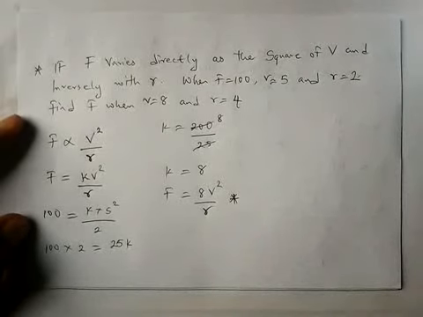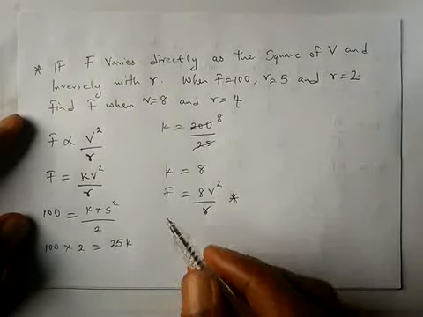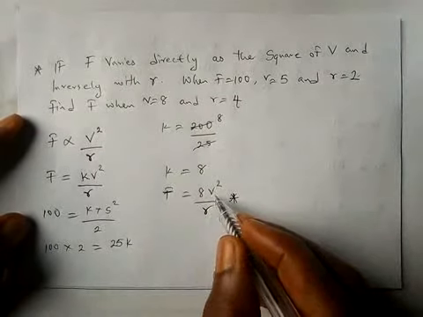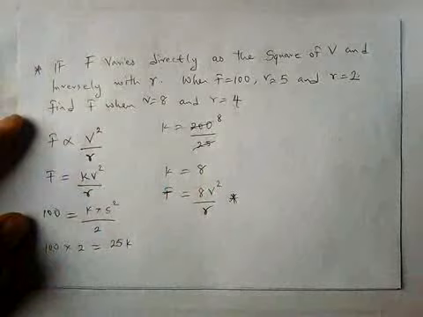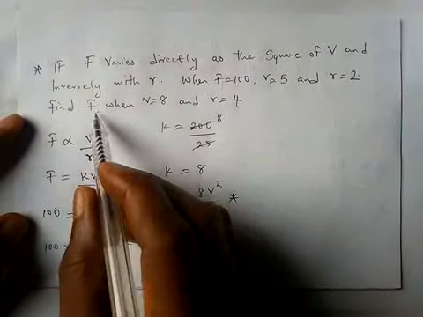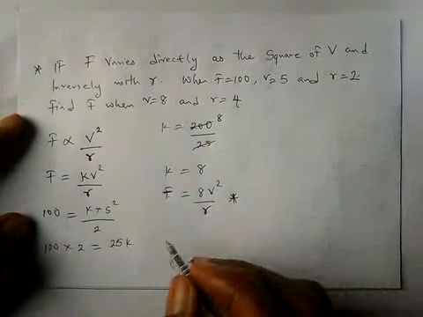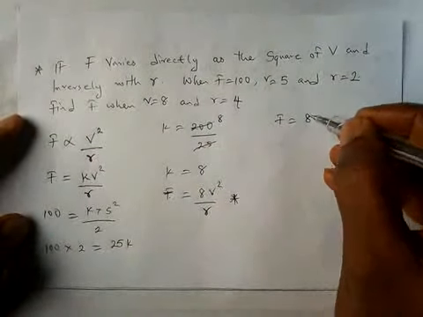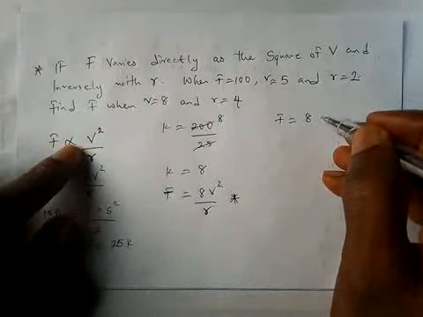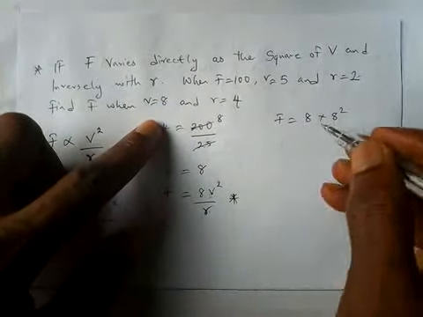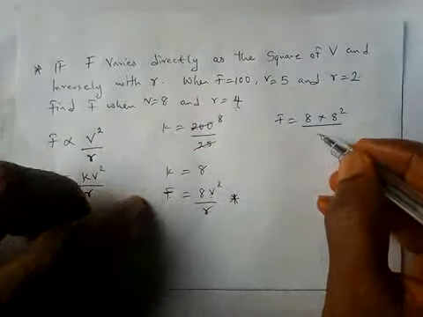Now from the relationship I can get any value, whether v or f or r, when I'm given the other two. So I want to get f in this case, and I'm given v and r. So f becomes 8 times 8 squared over r, which is 4.